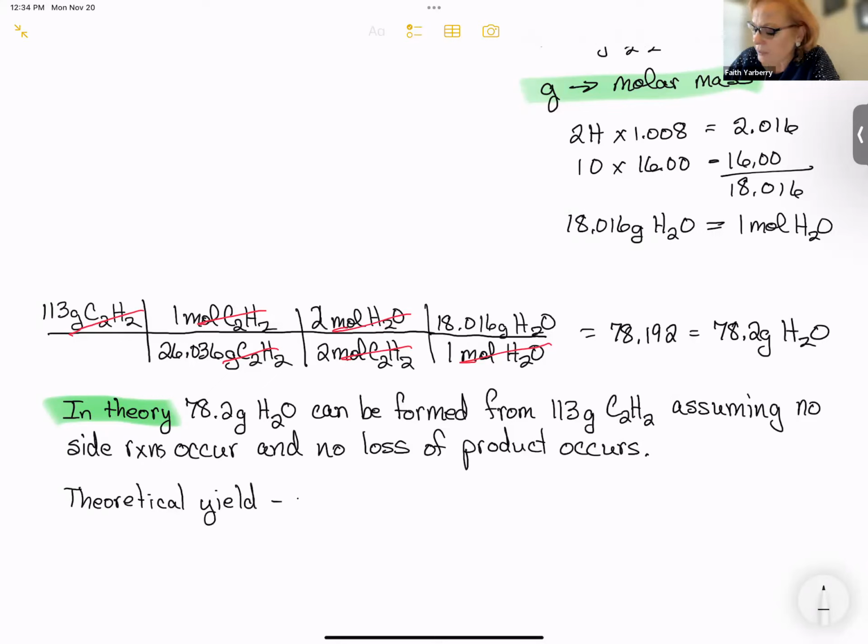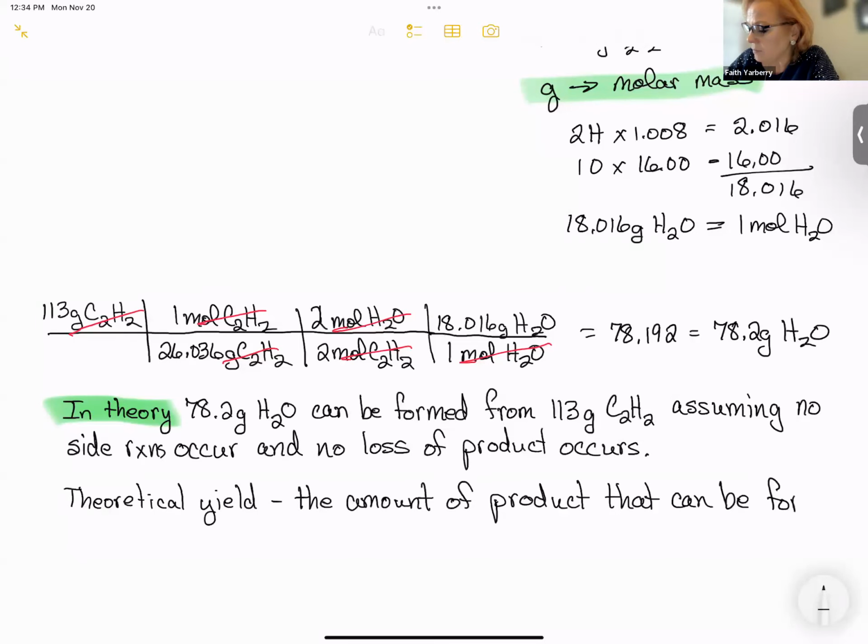Basically, the theoretical yield describes the amount of product that can be formed in theory from the reaction. So now I want to give you a moment to digest all of that, and if you have a question, please ask.